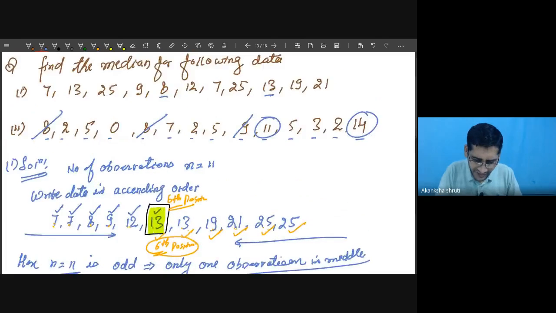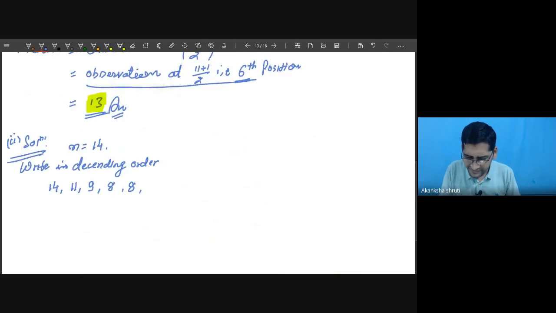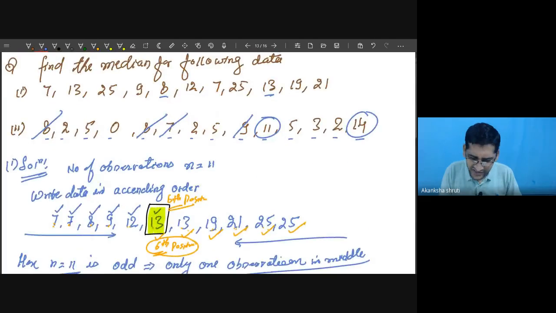Then go for 7. Put the habit of cutting or rounding it. Only one 7 is there, so write it only once. Then go for 6. Is there any 6? No 6. Leave it. Go for 5.